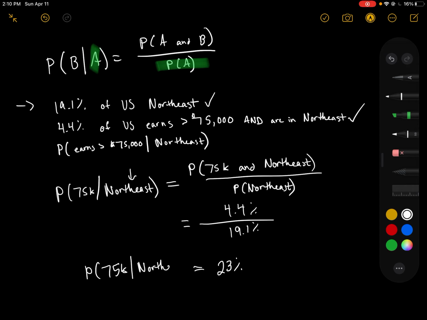So the probability that you make $75,000 or more given you live in the Northeast is 23%. We're putting those two things together. A lot of these are going to be defined for you.